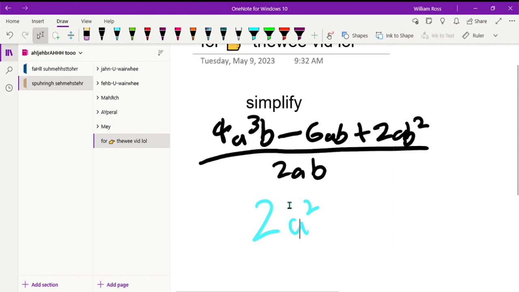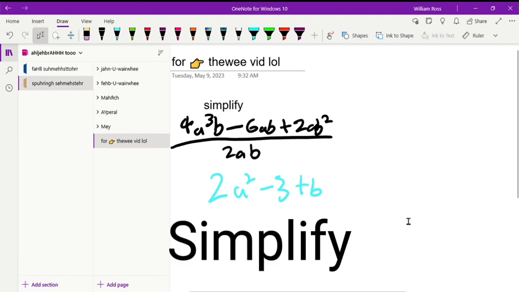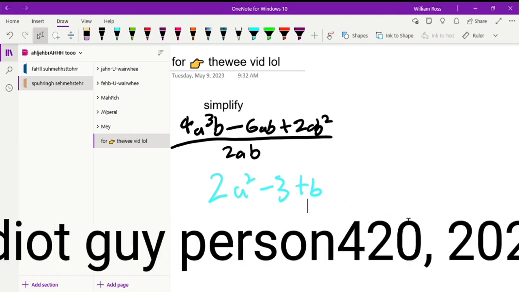And b over b, the b and b would cancel out, so it would be nothing. Then as for negative 6ab, because the ab would cancel out, negative 6 over 2 would be negative 3. And then 2ab would cancel out, so then all you have left is b. So your final answer would be 2a squared minus 3 plus b. So yeah, simplify. That's simple.